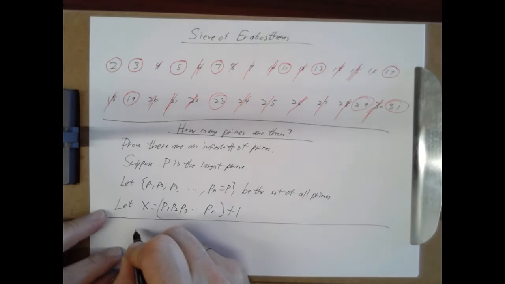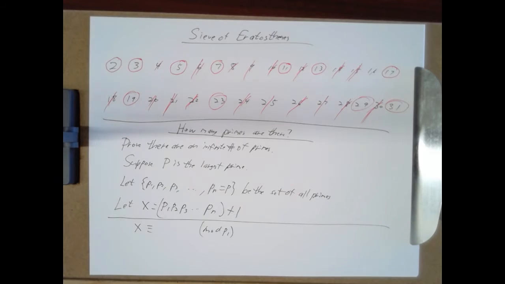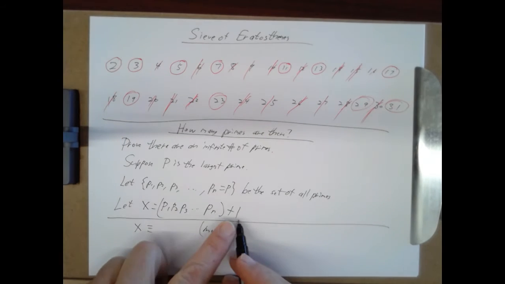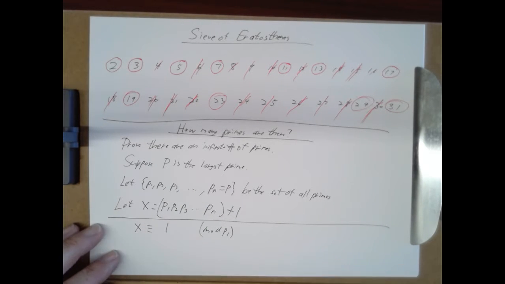Well, what is X congruent to modulo P1? It's 1 more than a multiple of P1. It's P1 times all of this stuff plus 1 more. So X is congruent to 1 modulo P1. What's it congruent to modulo P2?